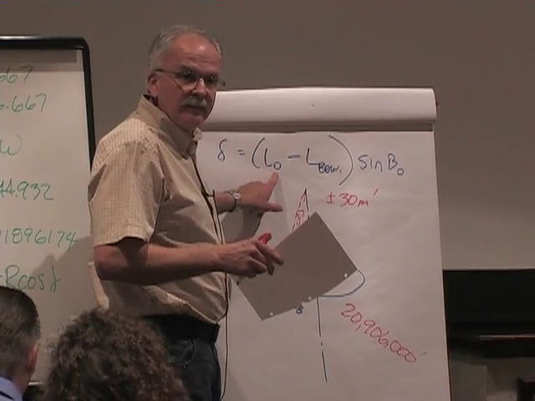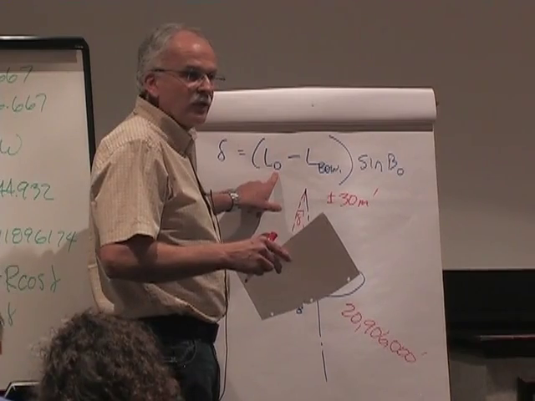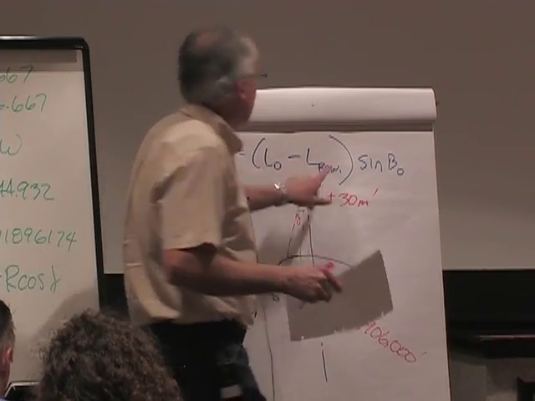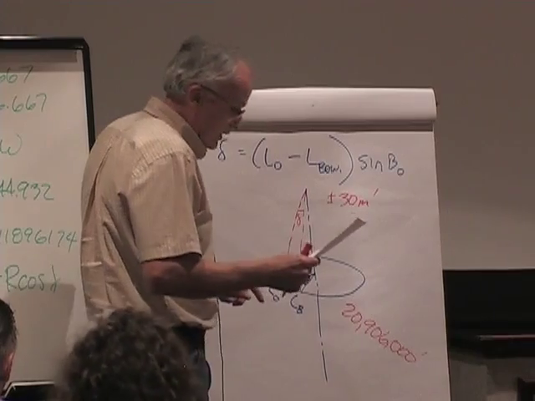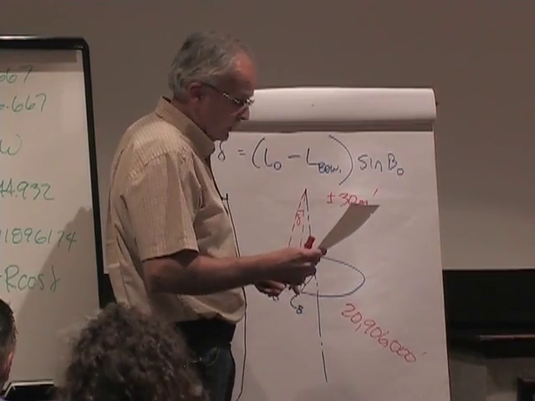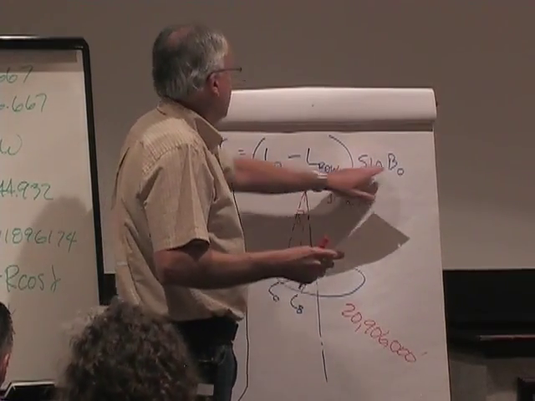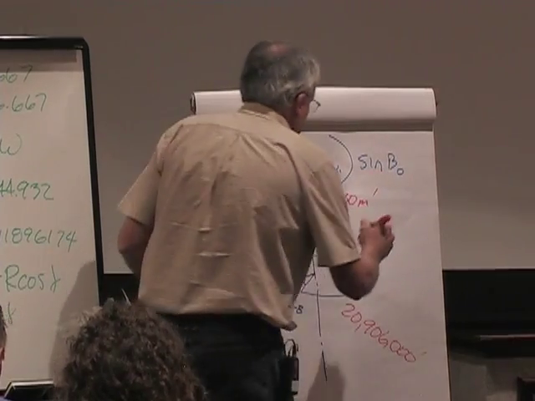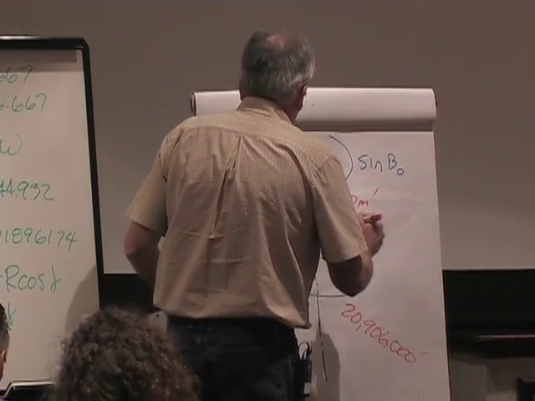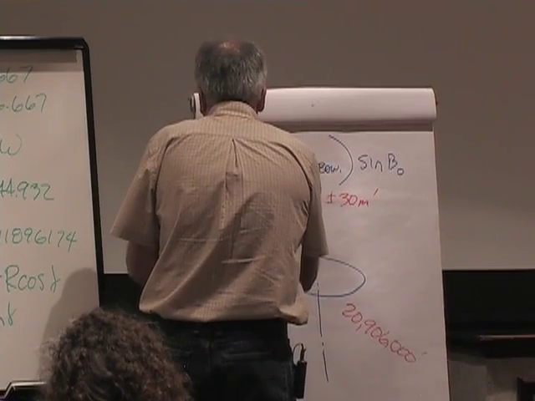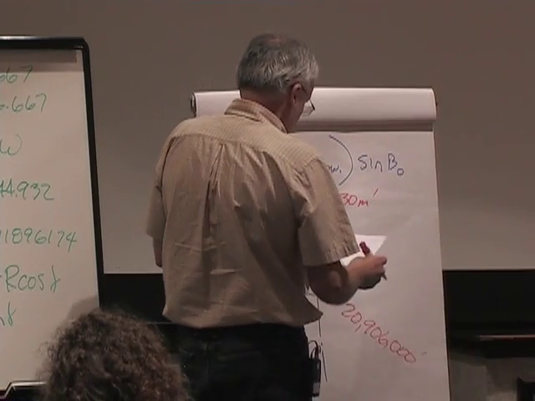118 degrees, right? The value of the central parallel of the zone minus the L of Bernardino, 117 something, 116 something, times the sine of B sub O, and gamma ends up equaling, I'm going to need more room than that.